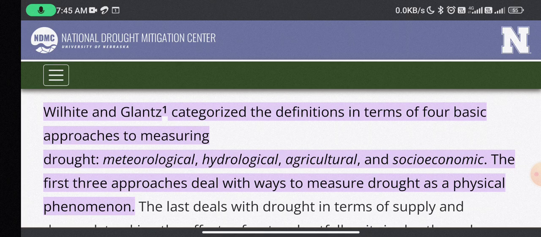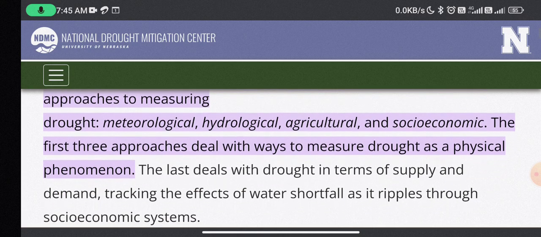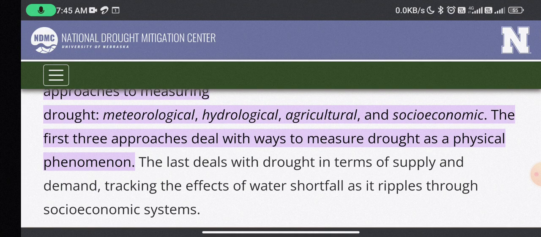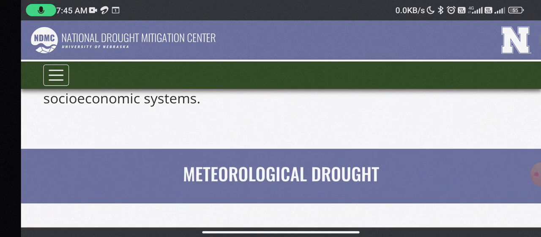The first three deal with ways to measure drought as a physical phenomenon. The last deals with drought in terms of supply and demand. So socioeconomic drought is measured in terms of supply and demand, tracking the effects of water shortfall as it ripples through socio-economic systems.